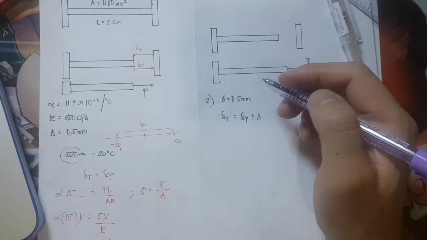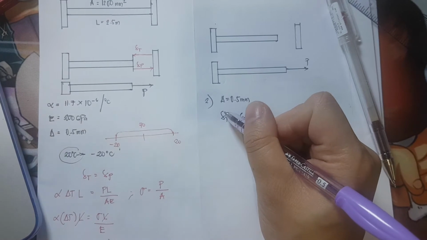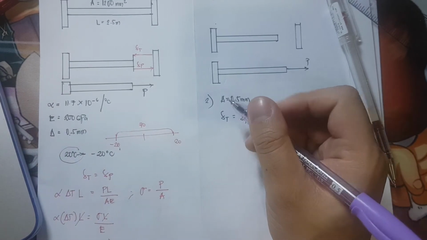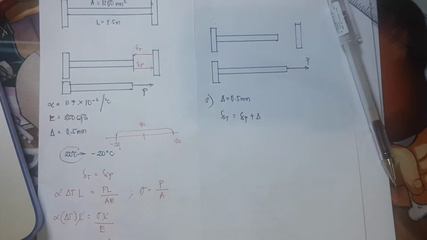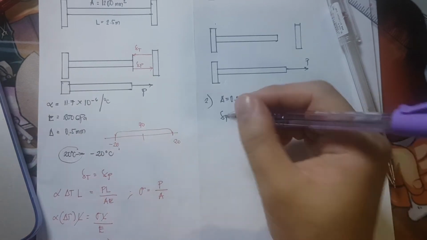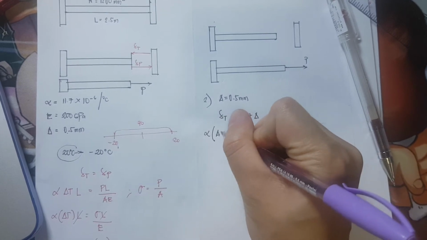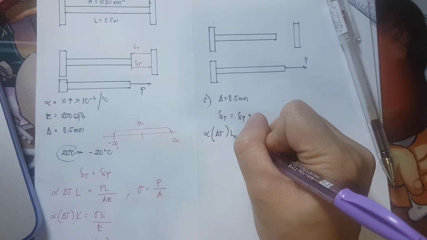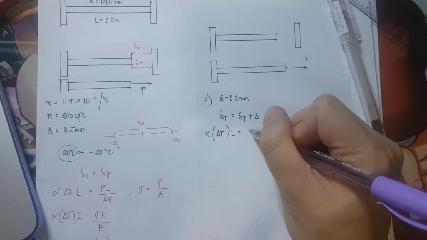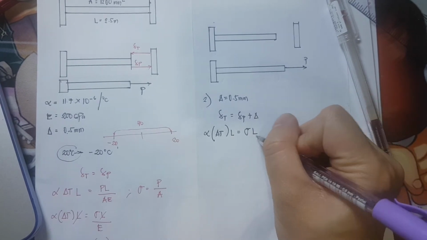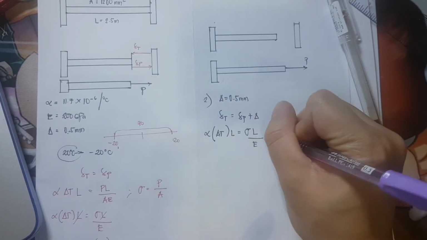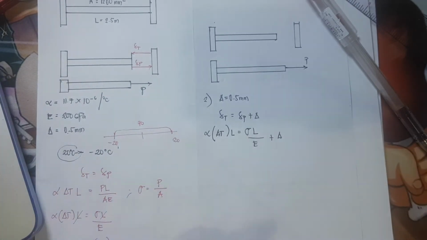So we know that delta T is equivalent to alpha delta T times L, which is equivalent to the stress times the length over the modulus of elasticity, plus delta.